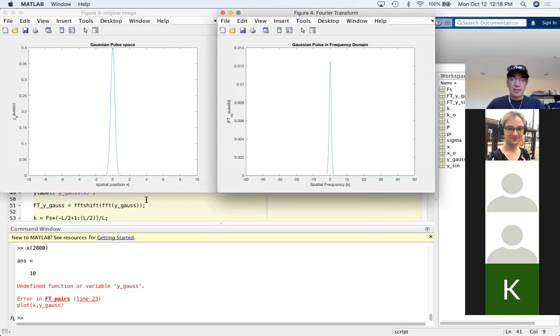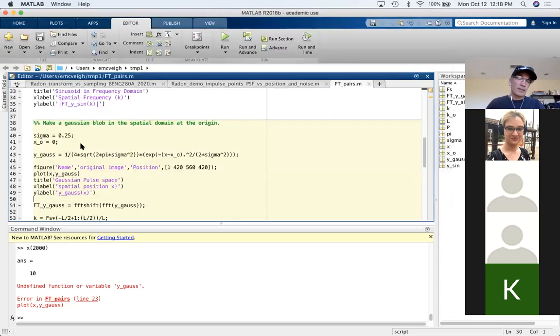What changes is if I make my Gaussian in space really thin, let's say instead of 0.25, we're going to make it 0.02, right? So now it's a really thin Gaussian in space, right?